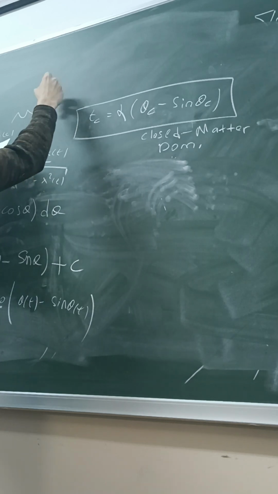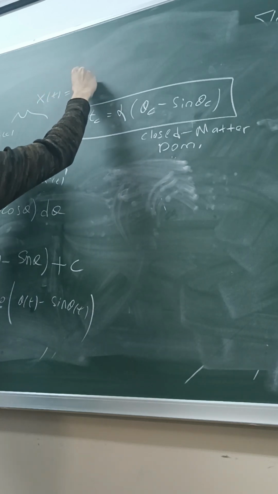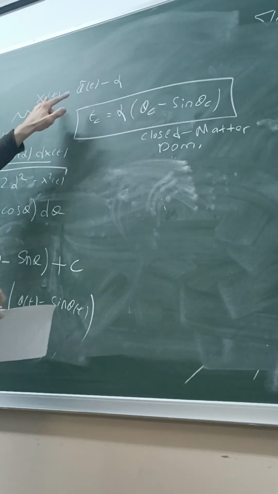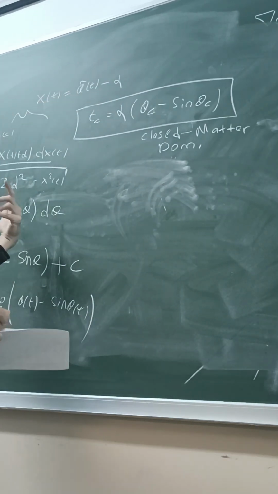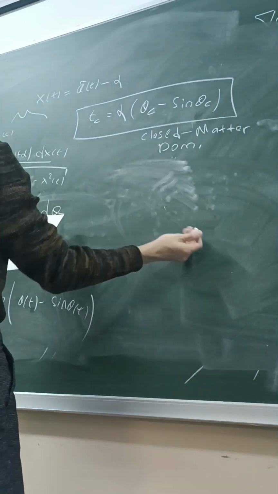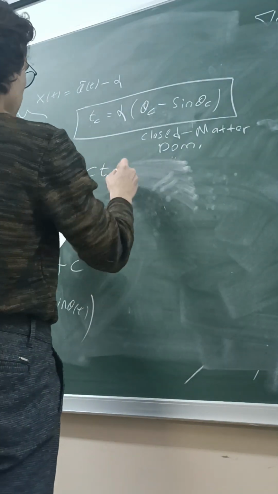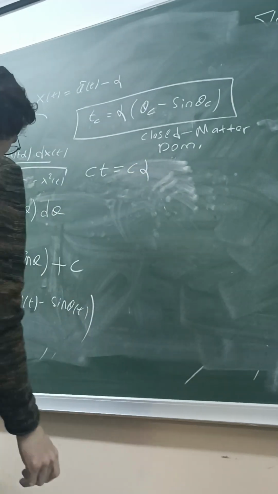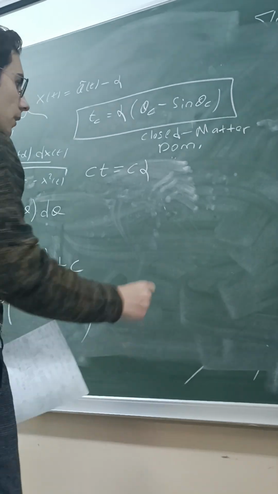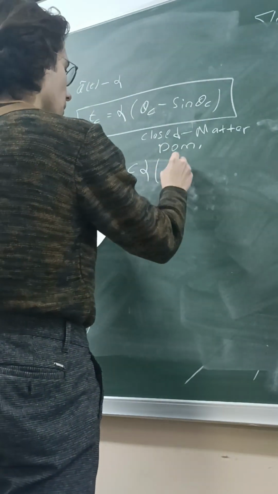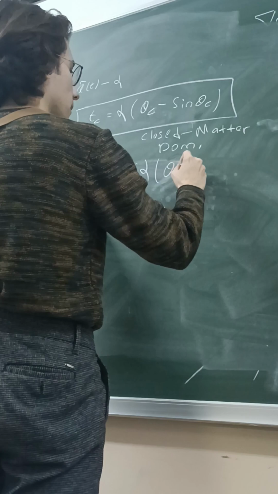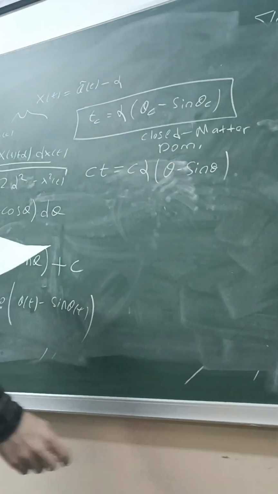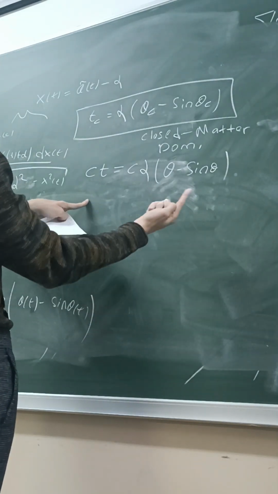Some final value, let's say a tilde of t equals alpha. You can do that because we did this change of variables so as to solve this integral, okay? It's not important. So I can multiply both sides by c, the speed of light, so c alpha. This is again a constant because we have c here. Theta minus sine theta, which gives you something in units of length.